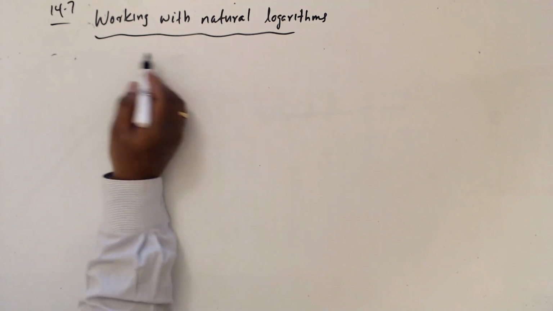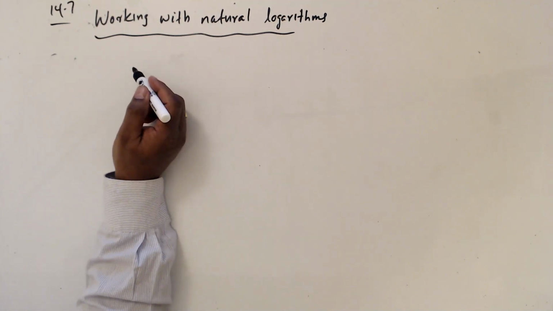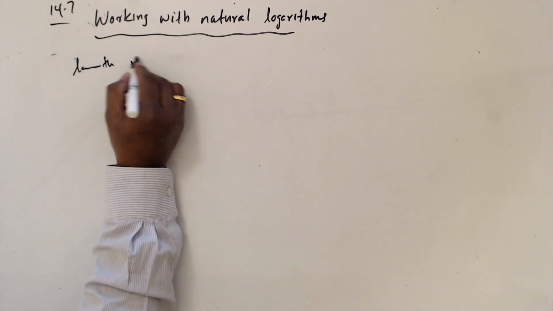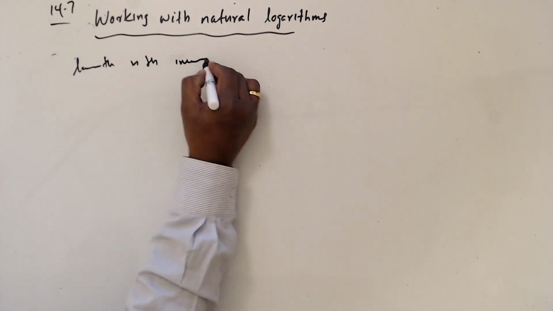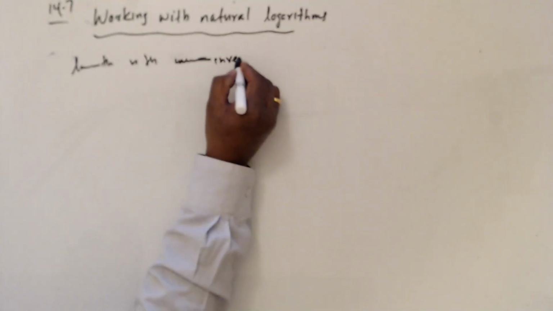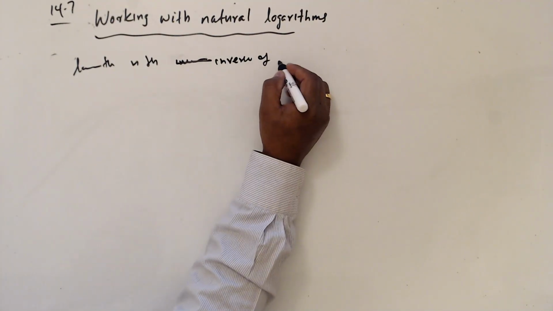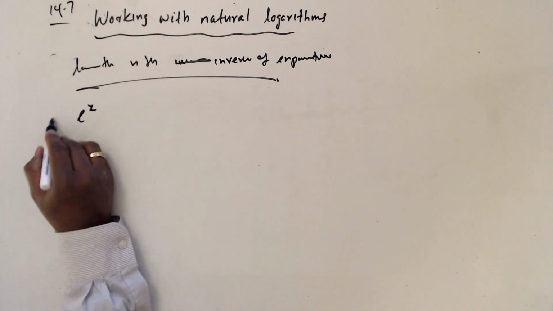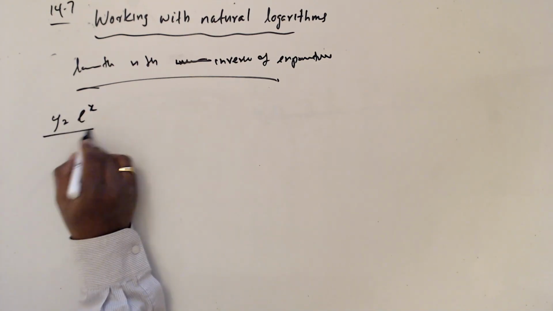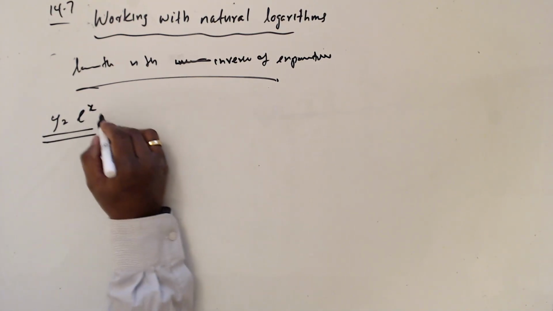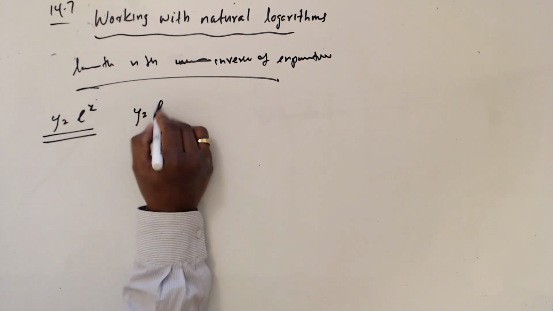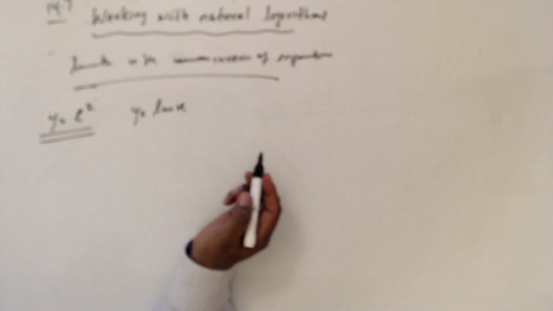We know that logarithm is the inverse of exponential. So we have the exponential y equal e to the x. Then the inverse function of this e to the x is y equal ln x.